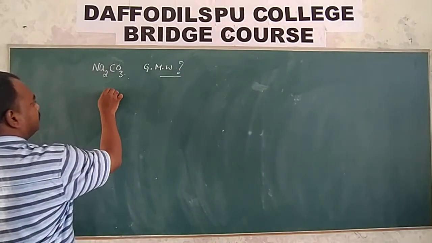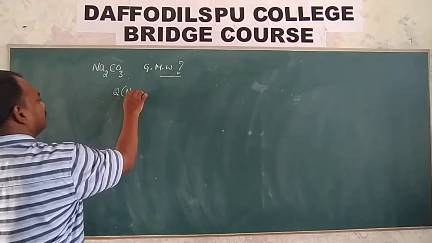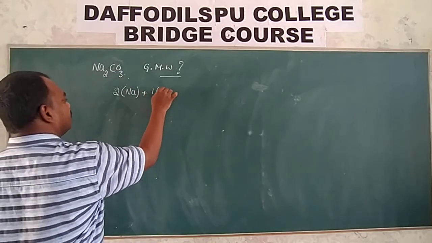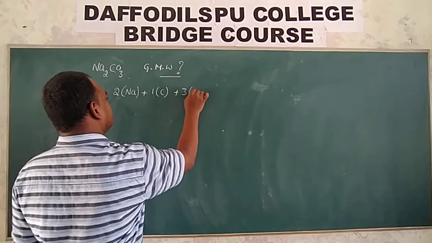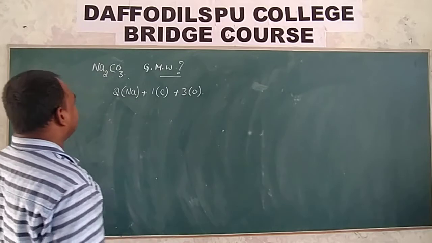In sodium carbonate, how many sodiums are there? 2 sodiums are there. How many carbons are there? 1 carbon is there. How many oxygens are there? 3 oxygens are there. If you add the atomic weights, you will get the molecular weight.